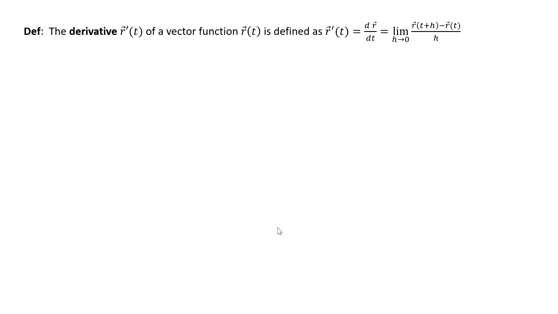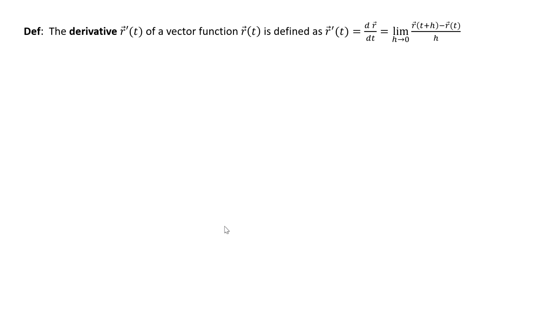Okay, cool. The derivative r prime of t of a vector function r of t is defined as r prime of t, which is dr dt, and that's nothing but similar to Cal 1 stuff. R evaluated at t plus h minus R evaluated at t all over h as h approaches 0.